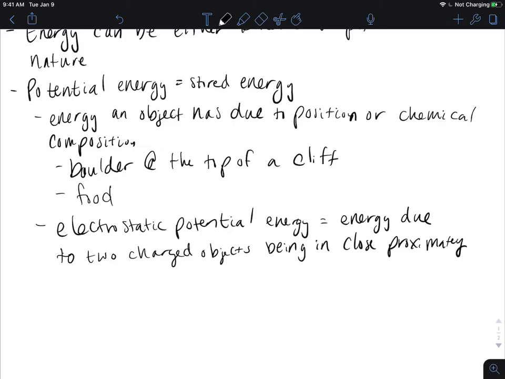Okay, so here we're talking about two charges some distance away.